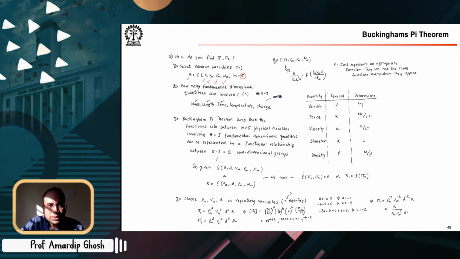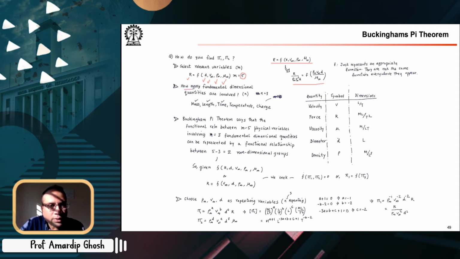We will show that from this kind of relationship of the dimensional parameters, one can end up with a relationship between the non-dimensional groups. Once again, we will see that these non-dimensional groups are not set in stone. It depends on the details of your approach, on your repeating variables. So we will show it here.